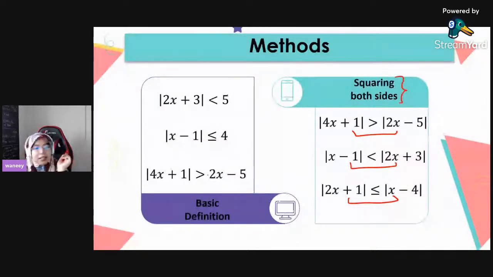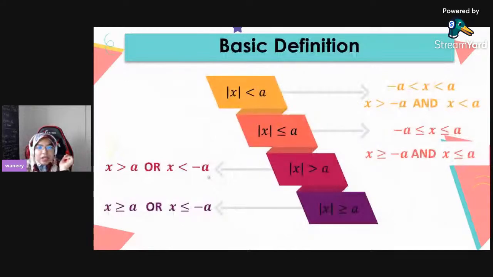Okay, next. For basic definition, there are a few things that you should know. You should know how to open when absolute value of x less than a, absolute value of x less than or equal to a. So for this one, you need to put more emphasis on the word and over here. So it actually comes from in between negative a and a.